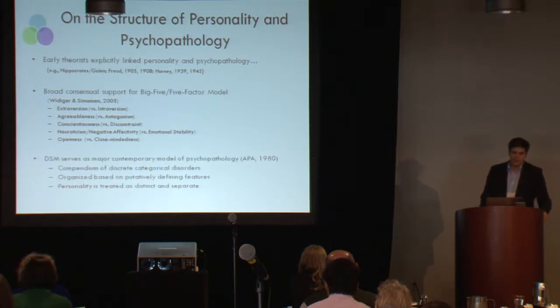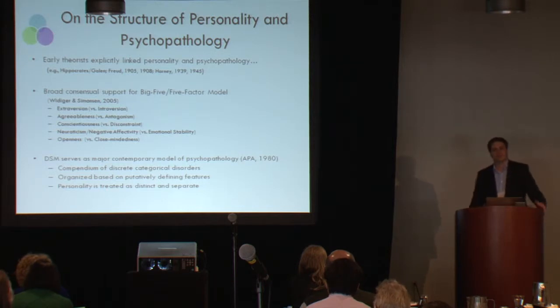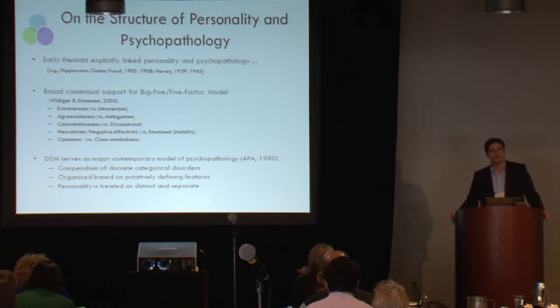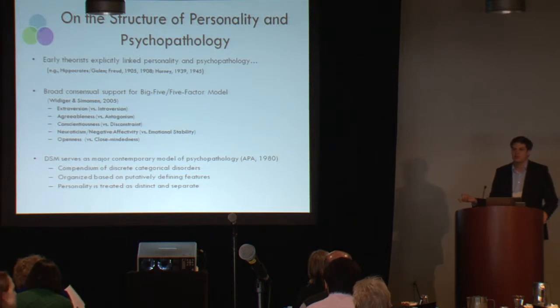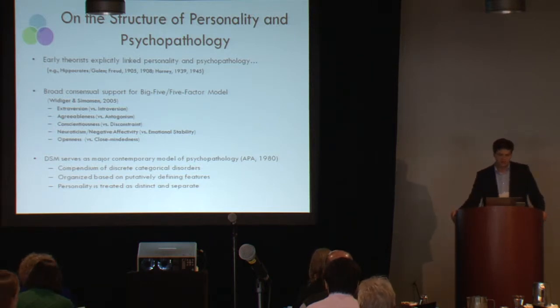In contrast to this, the DSM is our major compendium of contemporary psychopathology, and uses a very different approach to understanding the way individuals differ. It uses discrete categorical disorders that we've been hearing a lot about this past couple days. And these are organized based on putatively different defining features.